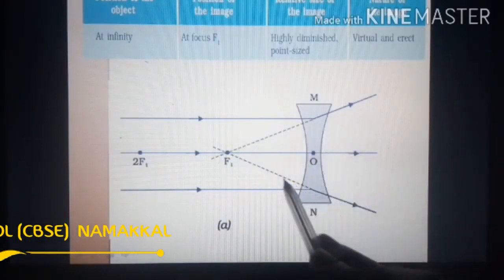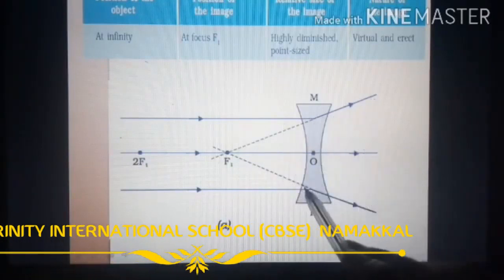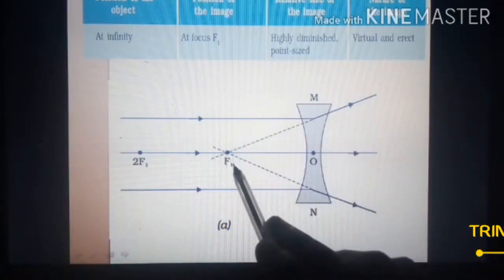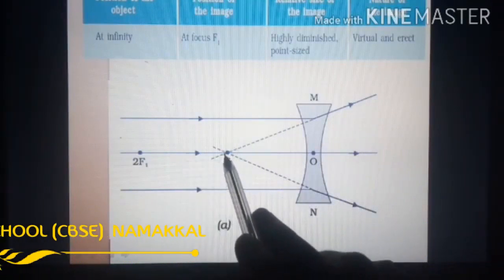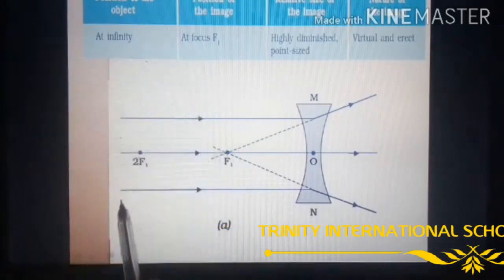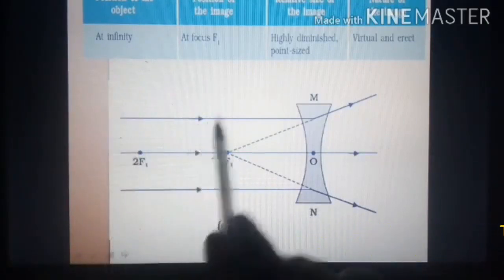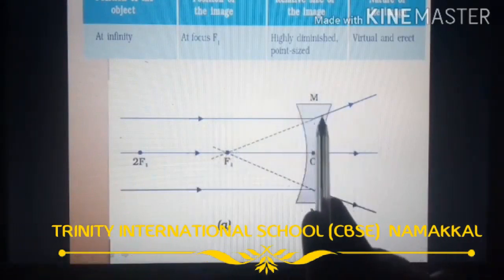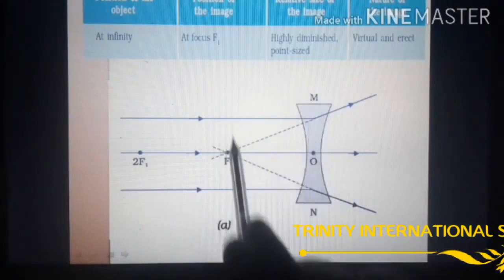So we extend these lines, the diverged refracted rays, and they meet at the focus. So the image is obtained at the focus. When the object is placed at infinity, the image will be produced at the focus on the same side of the concave lens. We can draw this using the ray diagram.